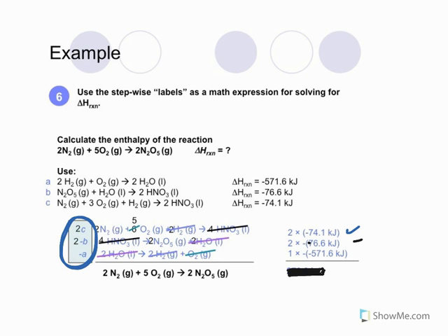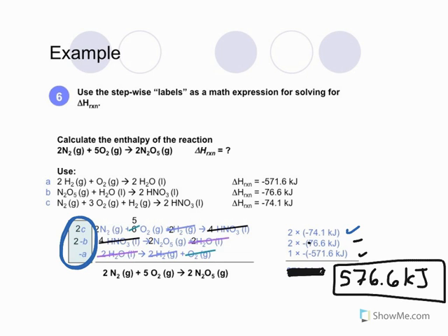And then the last one here is we did the opposite of A. Well, that means it's going to be a negative negative, which will end up being positive. We add those up together and we'll get the heat of formation for this reaction. And this one ends up being 576.6 kilojoules. And the sign is positive, which means this is an endothermic process, so it will take in energy to do this.